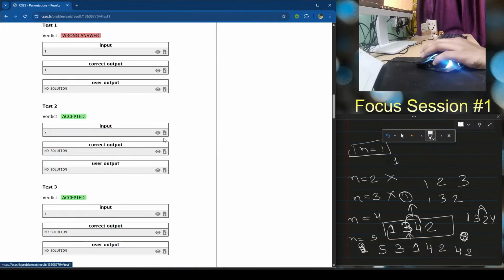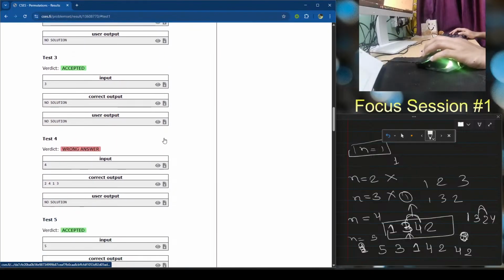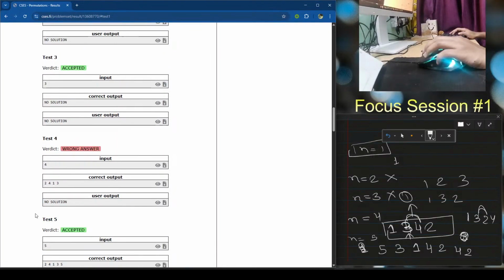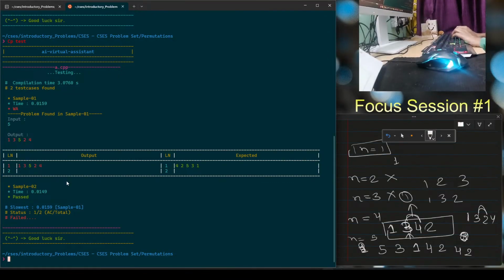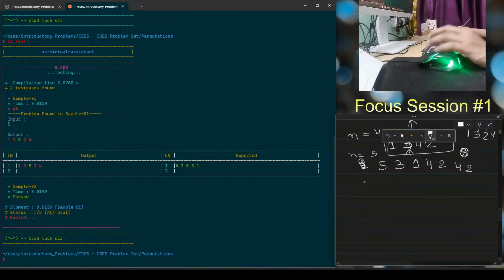Wait, wrong answer. Oh man, what am I doing? Why was I thinking like this? Why didn't I think of 2 4 1 3? This is a valid solution.